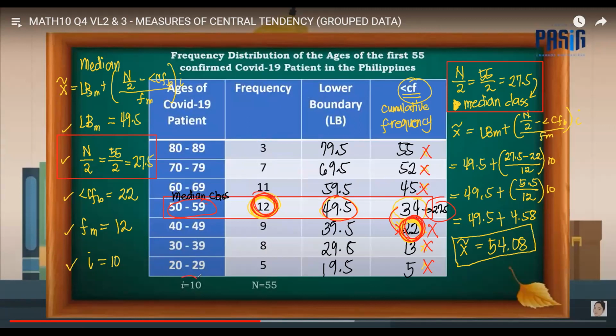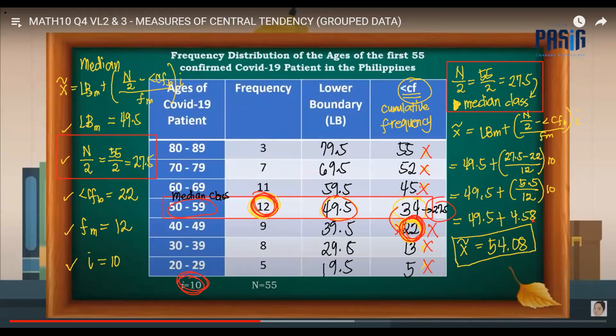And then the I is 10, which is already given. Just substitute that. Subtract first before you divide, before you multiply. And then you round it off to the nearest hundredths. Okay? And then add that to the lower boundary and you will have your answer, or your median.